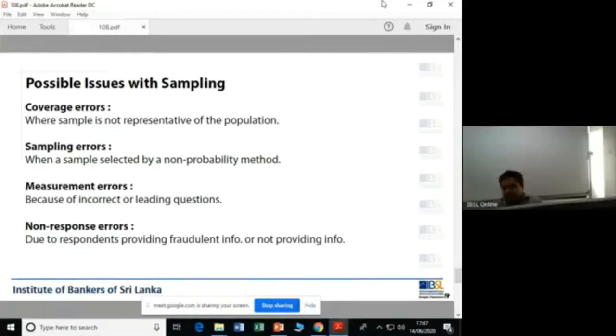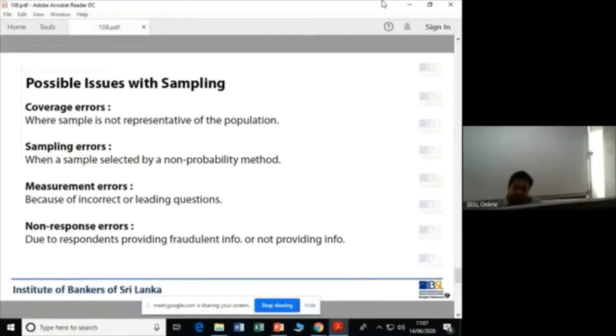Instead, if you just merely ask what's the probability of raining tomorrow, then he might not necessarily get that idea of leading his or her response by looking at the window. So on that instance also, measurement errors can occur because of the incorrect measurements or leading questions.